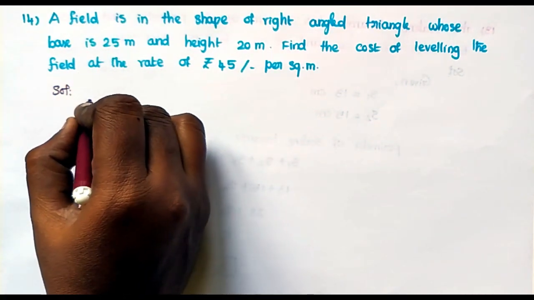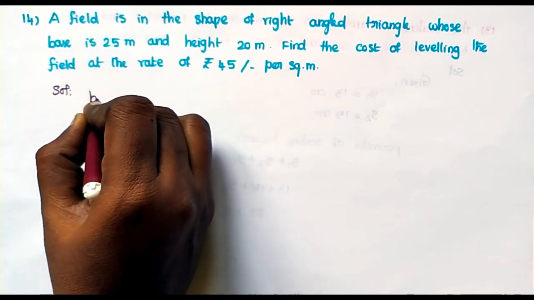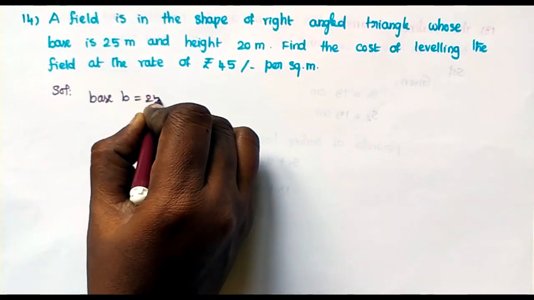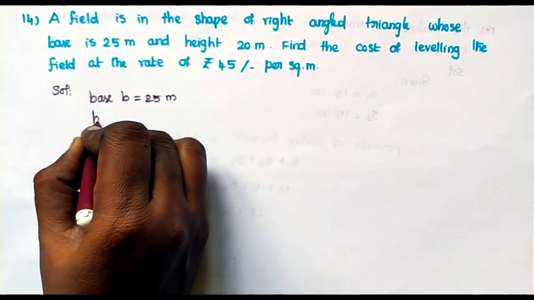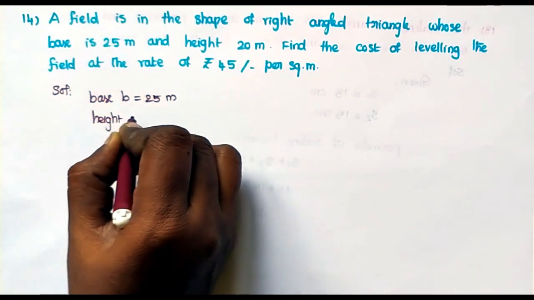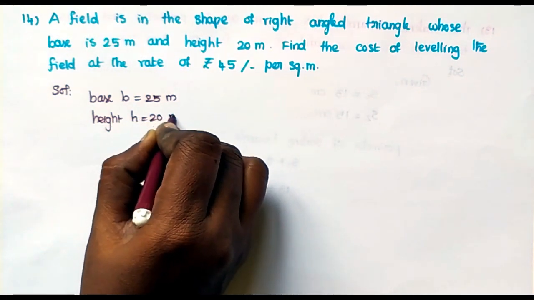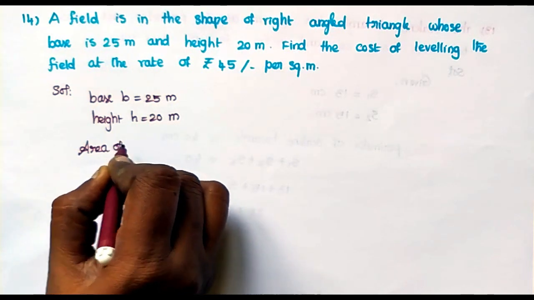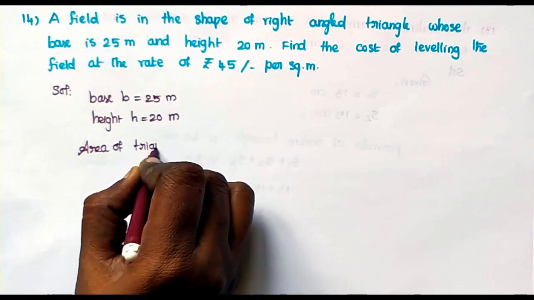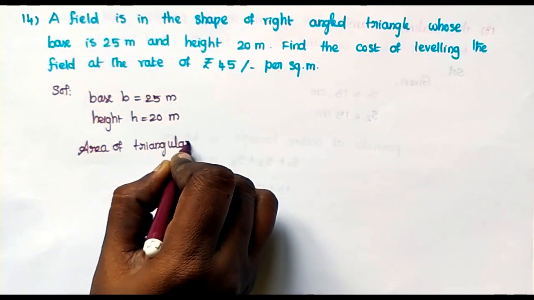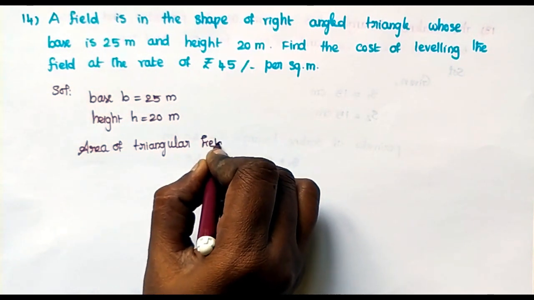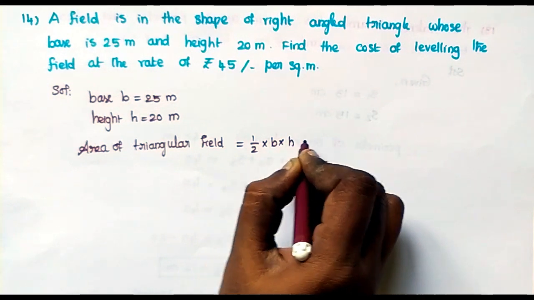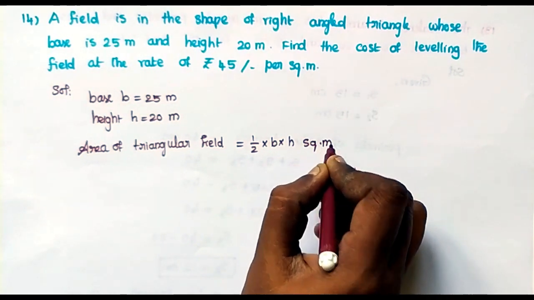Base of the right angle triangle field, base B equal to 25 meter and height H equal to 20 meter. Now area of triangular field.